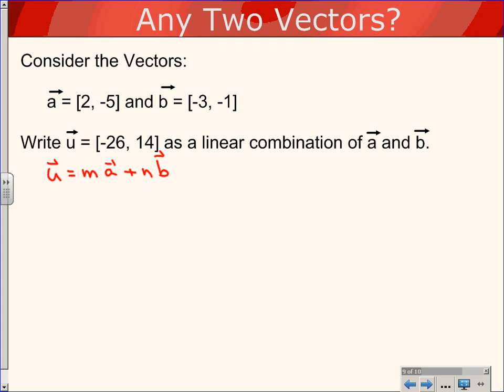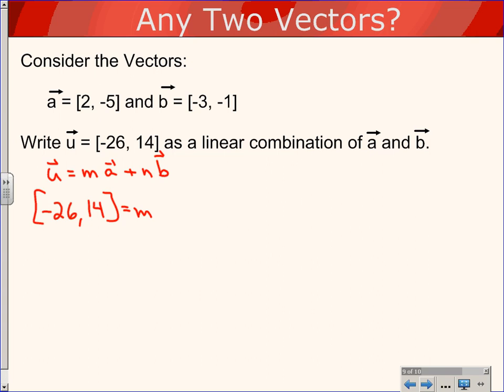And we did this before in the last unit. I'm not sure if you remember, we had that great big grid and we were trying to come up with a way of writing one vector in terms of others. It becomes a little bit easier to see it now that we have Cartesian vectors. We're able to write it in a slightly simpler way. So for example, I can already substitute here. Vector u is minus 26, 14.